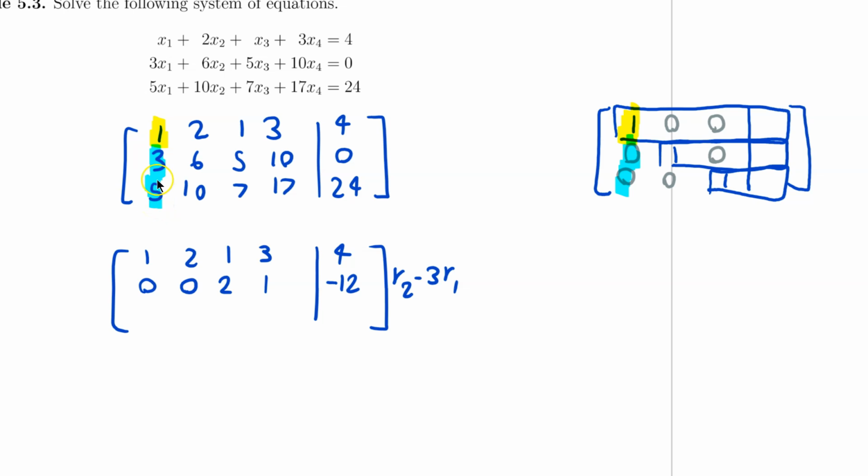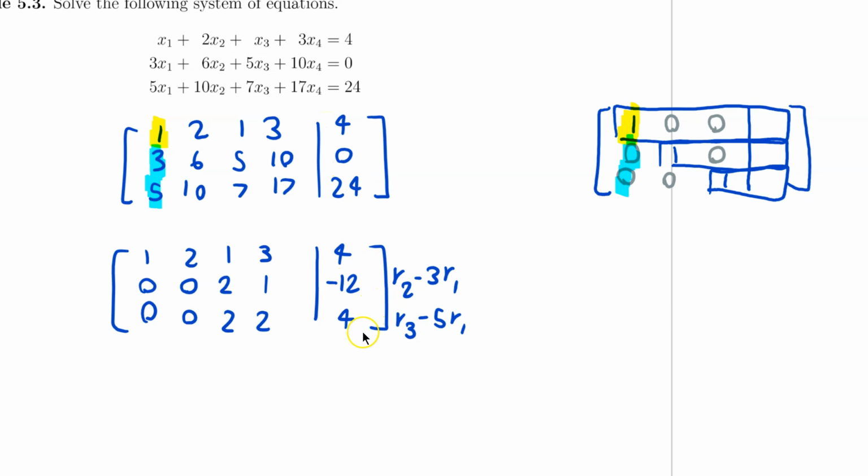So let me subtract 5 times row 1 from row 3 at the same time. So row 3 minus 5 row 1 is going to be 5 minus 5 is 0, 10 minus 5 times 2 is 0, 7 minus 5 times 1 is 2, 17 minus 5 times 3 is 2, and then 24 minus 5 times 4 is 4.